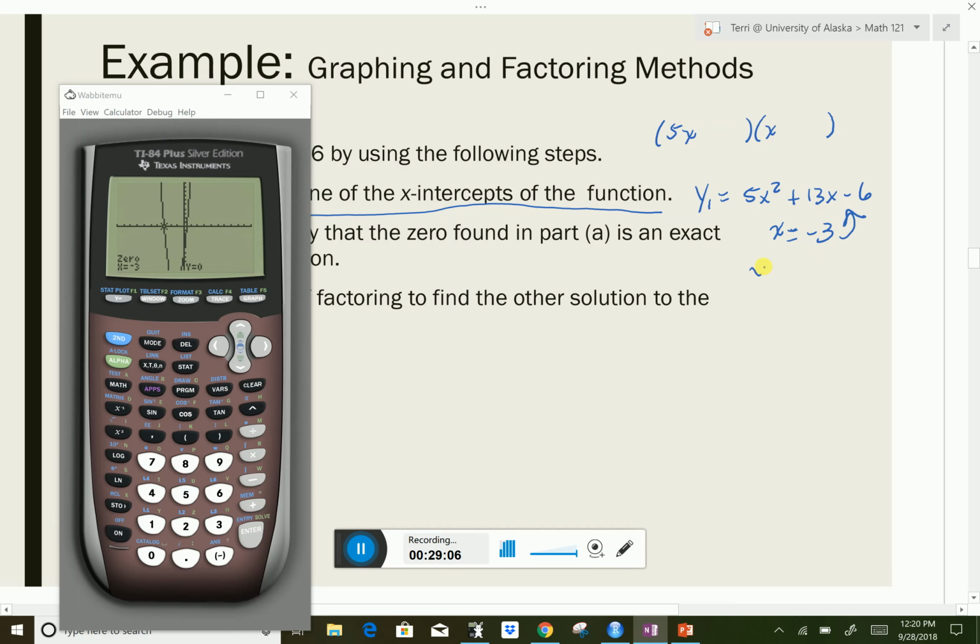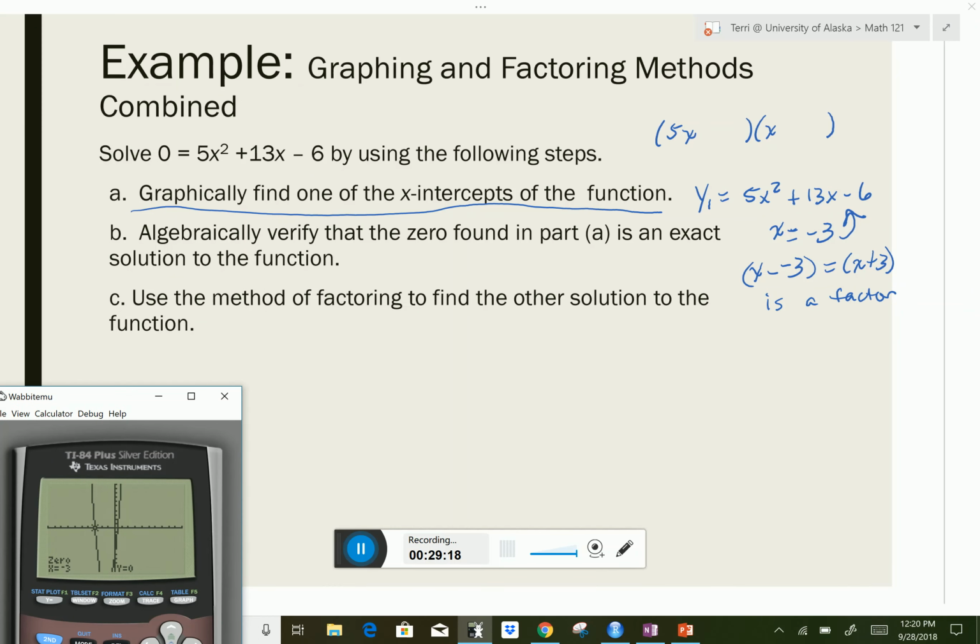So now I know that x minus negative 3, or x plus 3, is a factor. So what I can do is algebraically verify that it is an exact solution to the function. That just means plug this in: 5 times negative 3 squared, and notice I put negative 3 in parentheses, plus 13 times negative 3 minus 6.